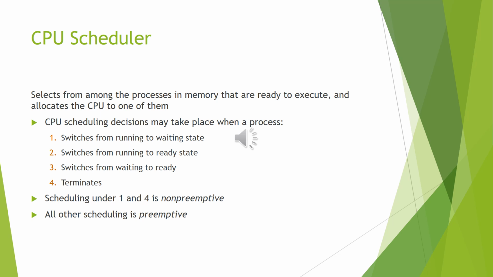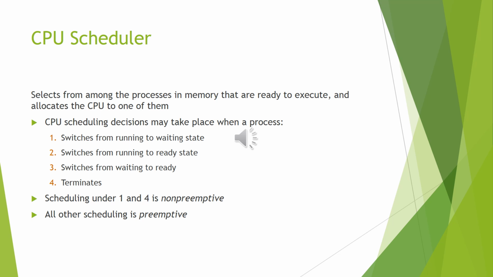CPU scheduler decisions may take place, in the first case, when a process switches from the running state to the waiting state. Because when a process goes from running to waiting, it has to go back again to the ready state. So that is when the scheduler will decide which process will go to the CPU for execution.